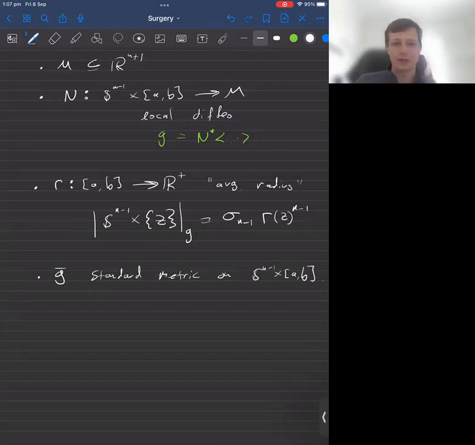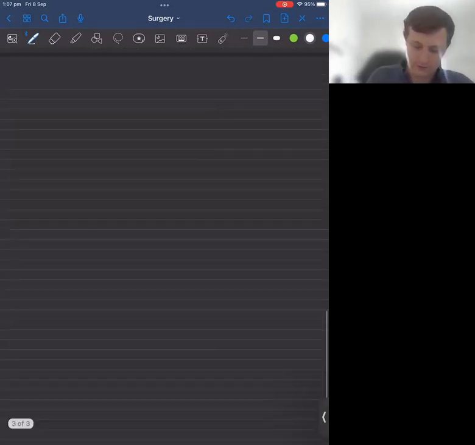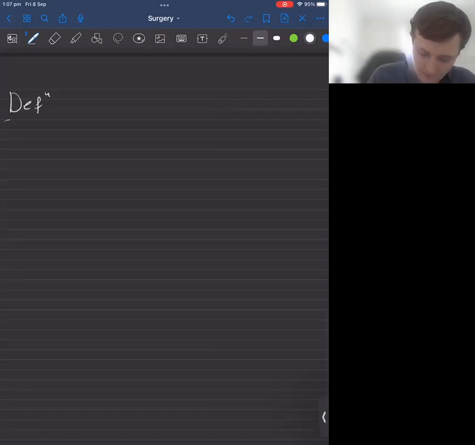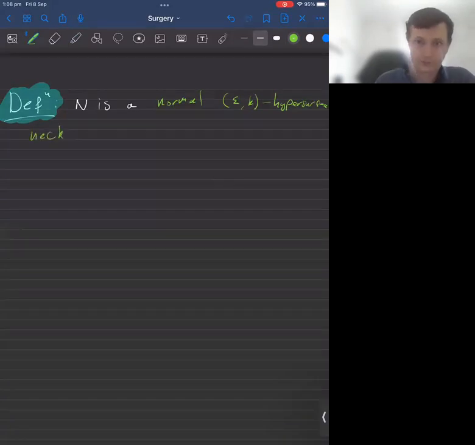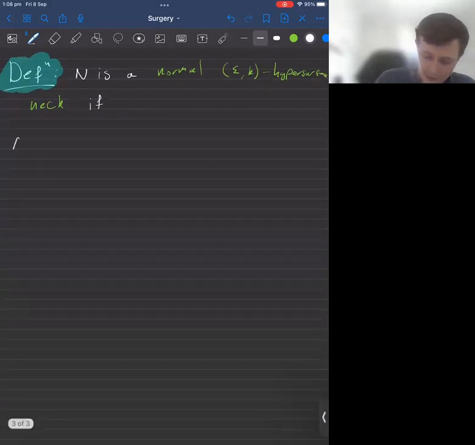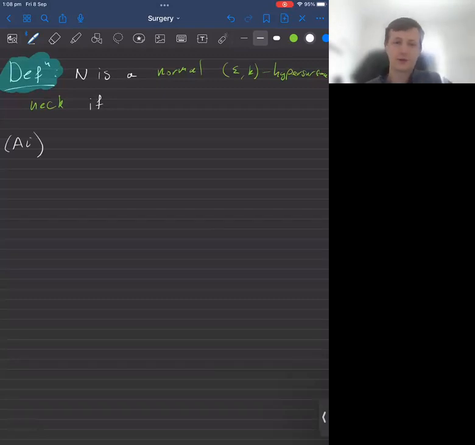So that's just setting up some notation, and then we have a very long definition. We say N is a normal epsilon K hypersurface neck if, first of all, this is like three definitions in the paper, but I'm going to put it all into one.